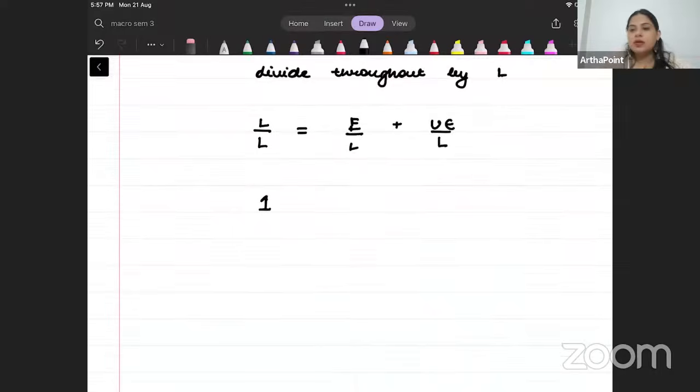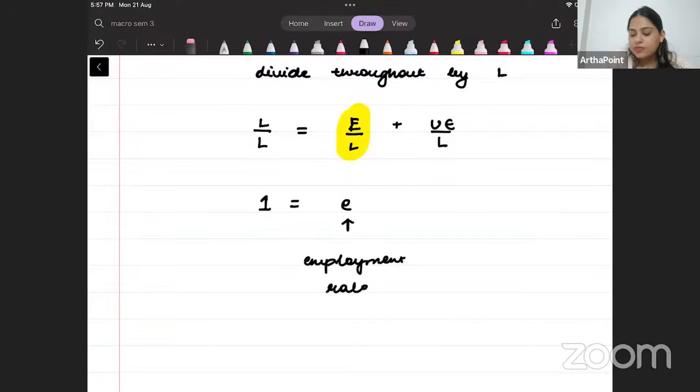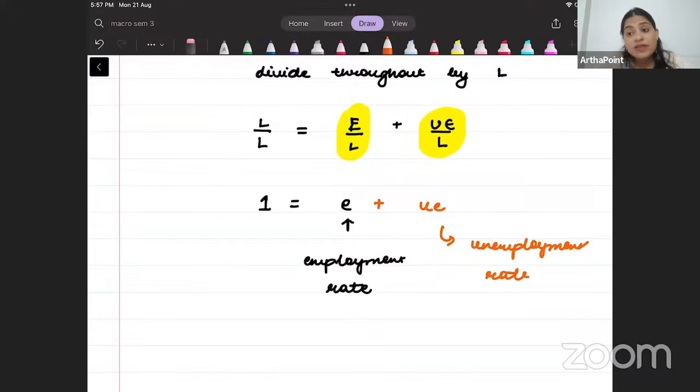This thing, number of people employed by the labor force, beta this is known as employment rate. And number of people unemployed by labor force, beta this is called unemployment rate. So what are we saying? We are saying that employment rate plus unemployment rate is equal to 1.